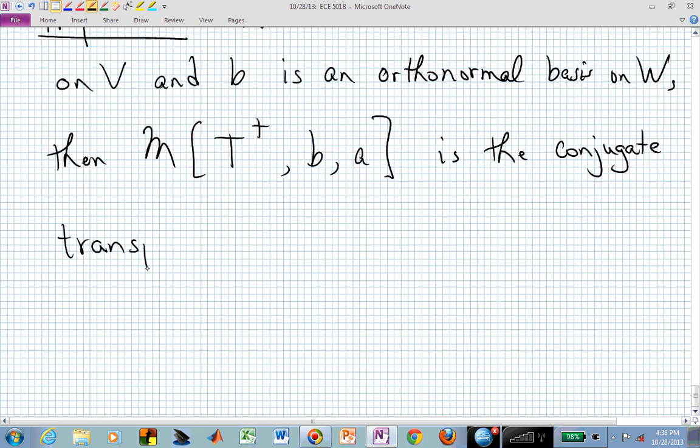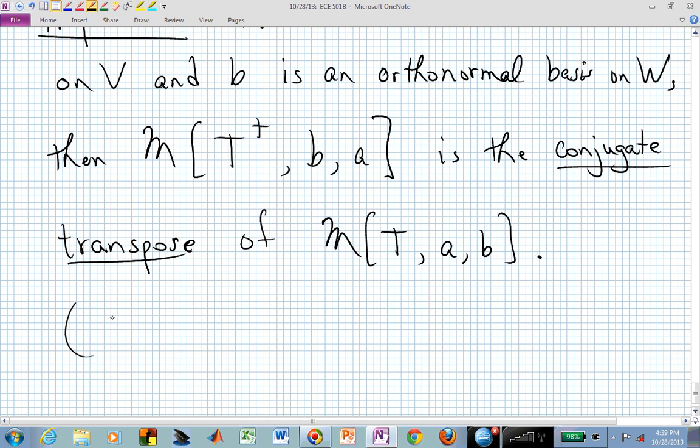Doesn't matter which way you do it, you'll get the same result. So it is the conjugate transpose of the matrix representation of T going from the two different bases A and B. I'll refer you to the text for the proof.